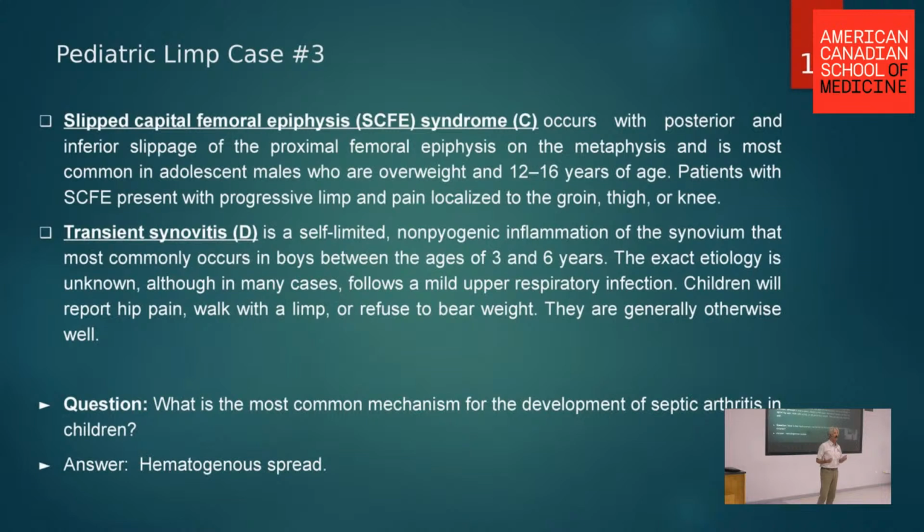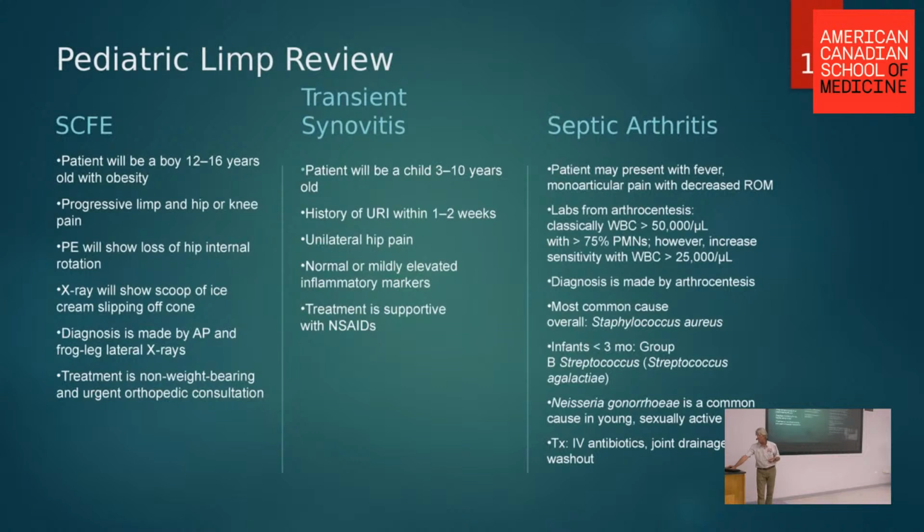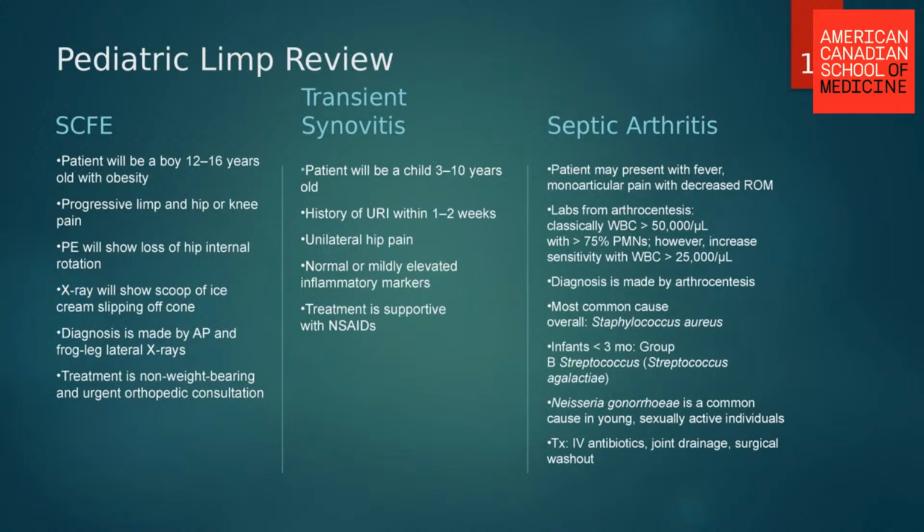If you have fractures, consider child abuse if there's not a good story as to why a child should have a long bone fracture. And again, the most common cause of septic arthritis is hematogenous spread. Just a slide comparing the different conditions we talked about.